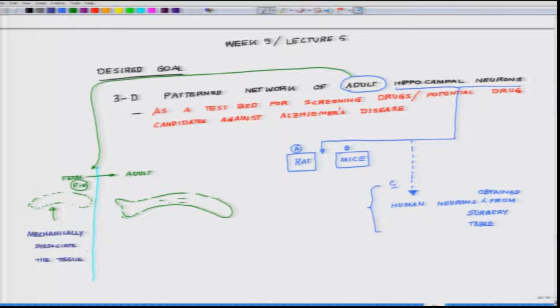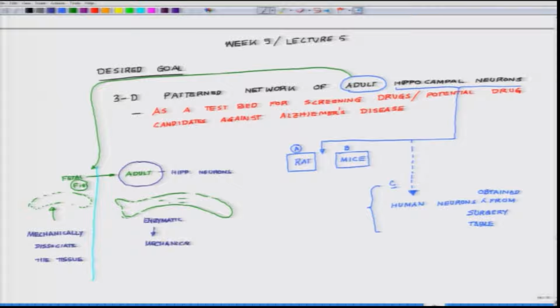On the other hand, if you want to develop an adult hippocampal neuron culture, you cannot do so mechanically. The first step, prior to this, will be enzymatic, followed by of course mechanical.